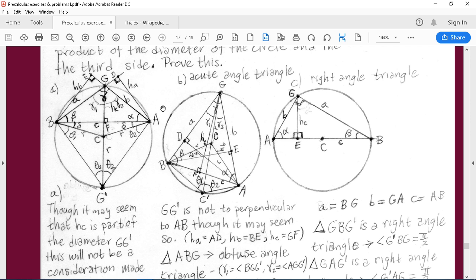The analogs to right angles BGG prime and AGG prime for the obtuse angle triangle are the same, BGG prime and AGG prime. GG prime is the diameter.